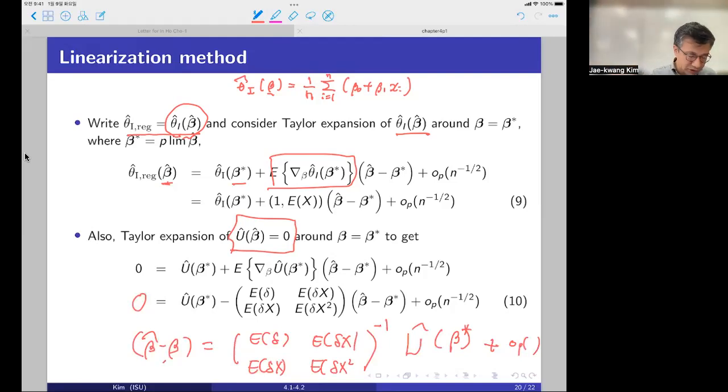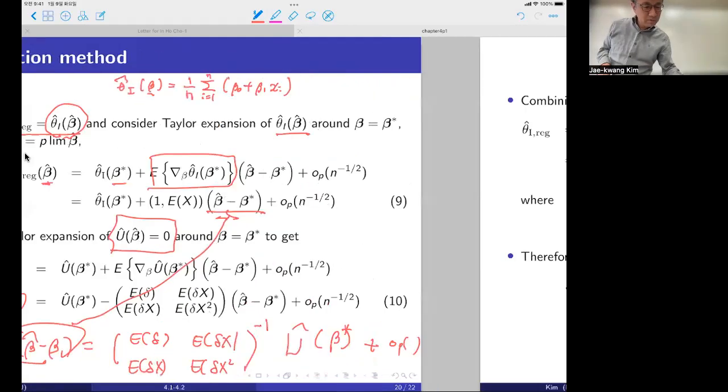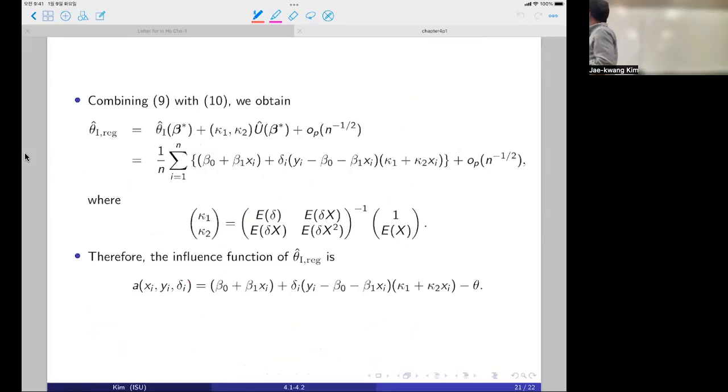So that you can plug that into here. So you have this solution and then plug it to here. Then you basically combine the two to get this solution. That basically is the result of the final linearization.